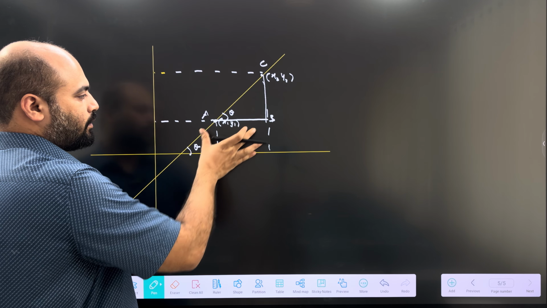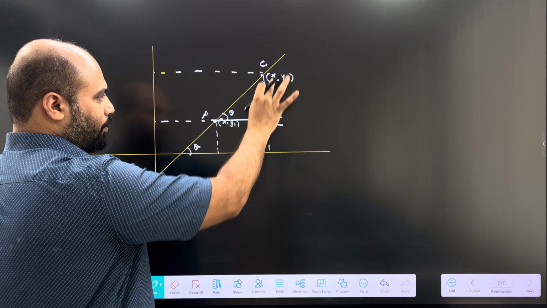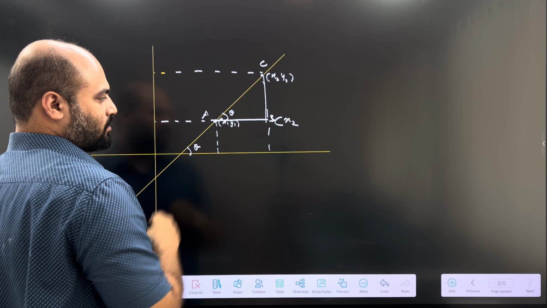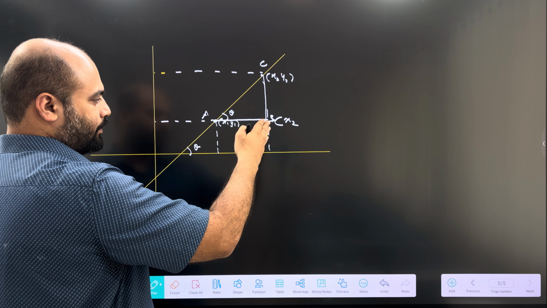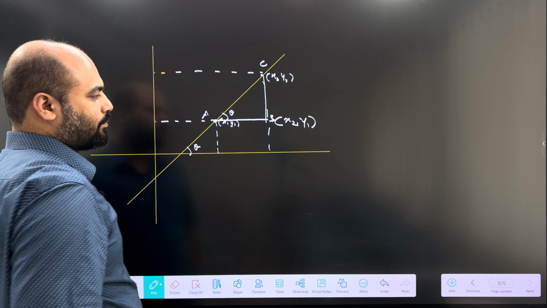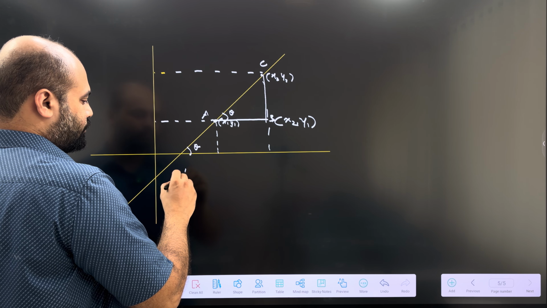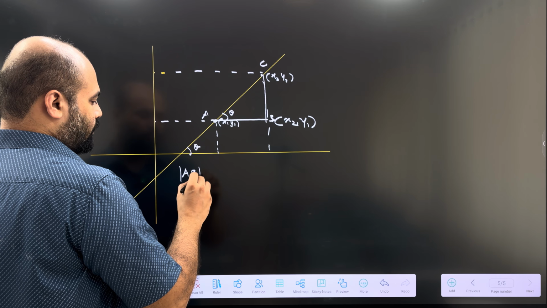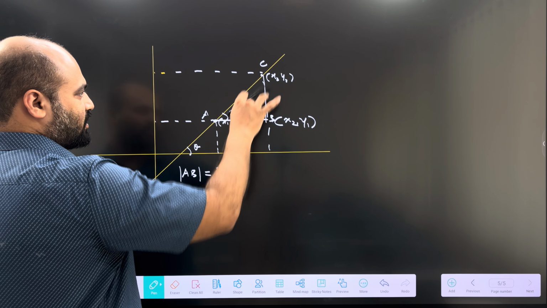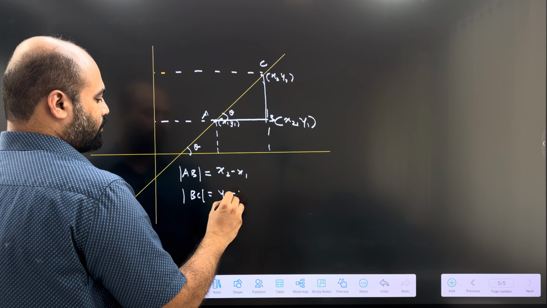You can clearly see that this point is going to be x1. This is going to be x2. The x coordinate of this is going to be x2 because it's under this. And this has gone ahead. Y coordinate won't change. That's going to be the same. Clearly, the length of this is going to be x2 minus x1. The length of this is going to be y2 minus y1.